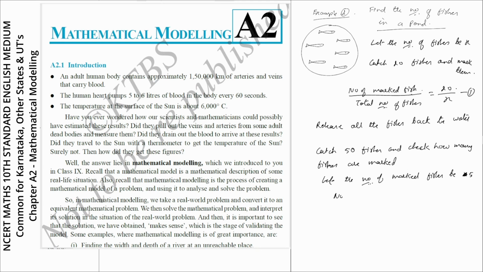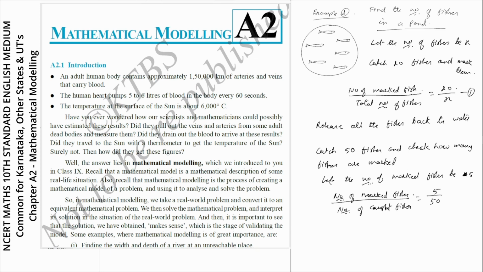Therefore, now the number of marked fishes by the number of caught fishes will be equal to, this time I caught 50 fishes, and out of that 5 fishes are marked.